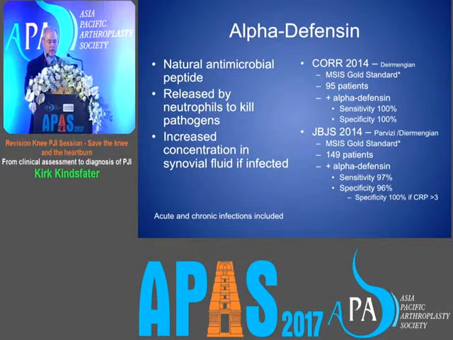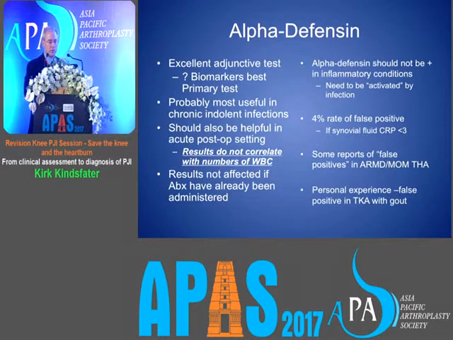In the article in CORR, they had 100% sensitivity and 100% specificity if the alpha defensin was positive. In the JBJS article, again, 97% sensitivity, 96% specificity, but if the C-reactive protein is greater than 3, it's 100% on the specificity. So it's an excellent adjunctive test.